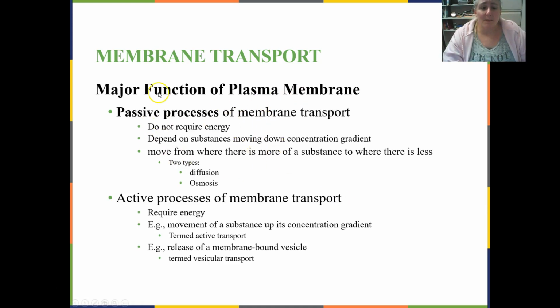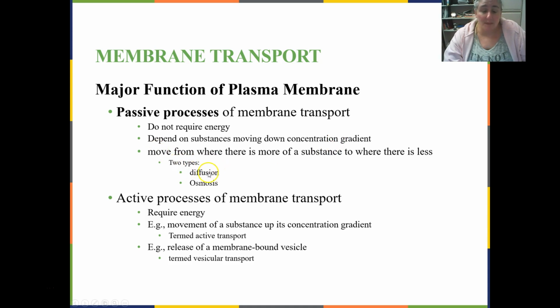So there are different processes to allow materials to enter. Two major ways materials move is through passive or active processes. The passive process is going to not require energy of any sort, and materials will move down their concentration gradient from higher to lower concentration until an equilibrium has been met.